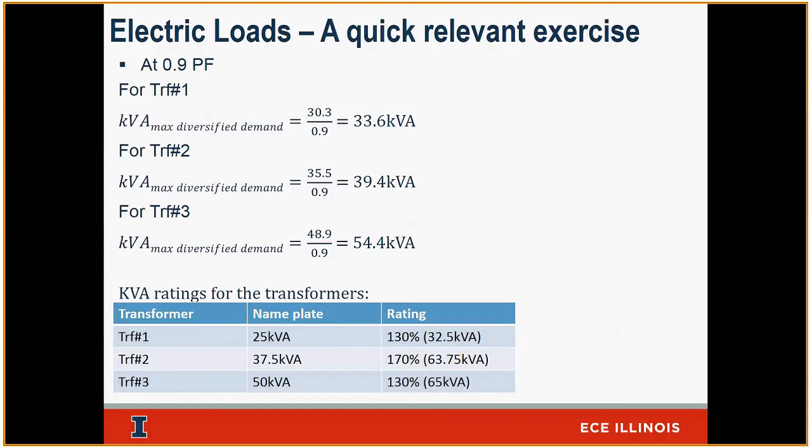So if you take a look at that first one, based on the data that we've got, the max diversified demand is 33.6. So I'm already crossing that threshold of 130%. If I continue to do that, I am truly going to start losing life expectancy on the transformer. So if this was a 15-year asset, right? So its lifetime is 15 years.